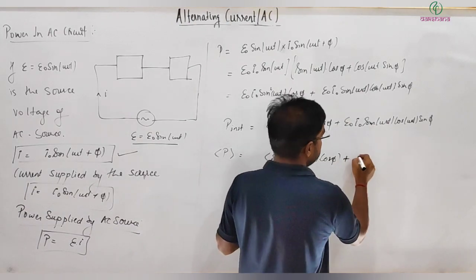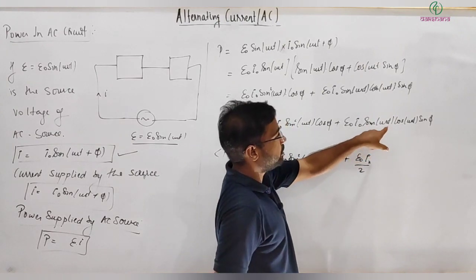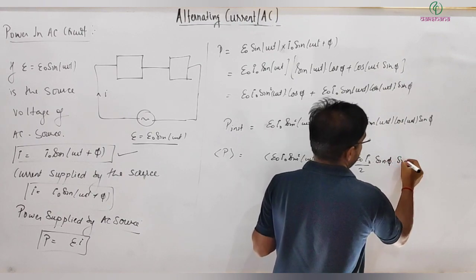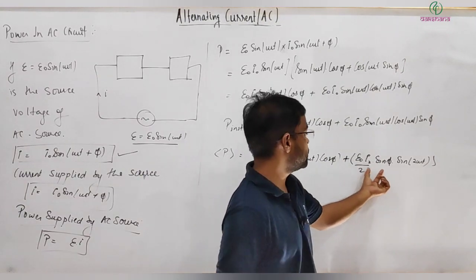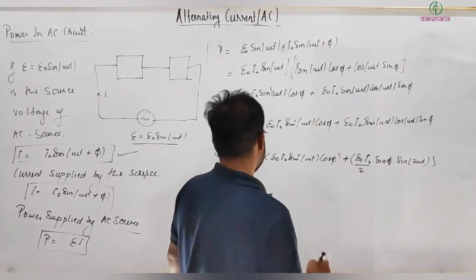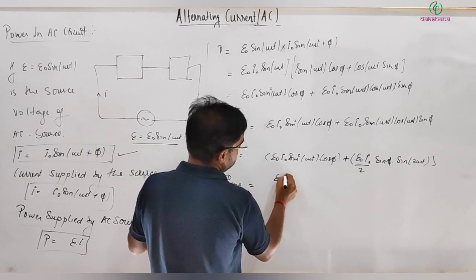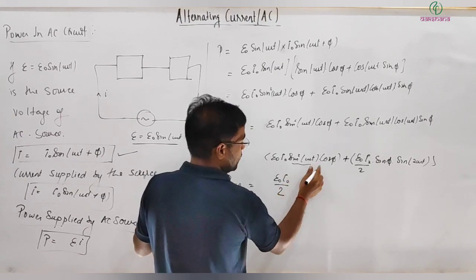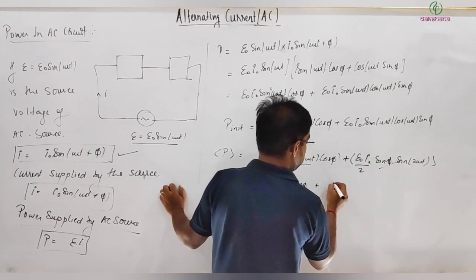And similarly here I can write I naught E naught, let me write it as 2 sine omega t cos omega t, with sine phi, and it's sine of 2 omega t. So here also, these quantities are constant. The average of sine 2 omega t is 0. This implies the average power is equal to E naught I naught, because the average of this is 1 by 2, times cos phi, plus this quantity, which will be simply equal to 0.